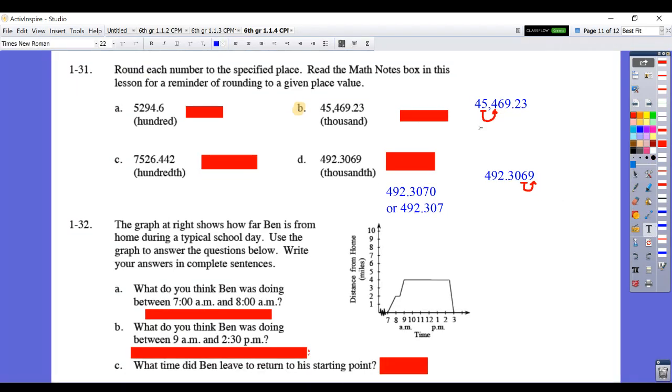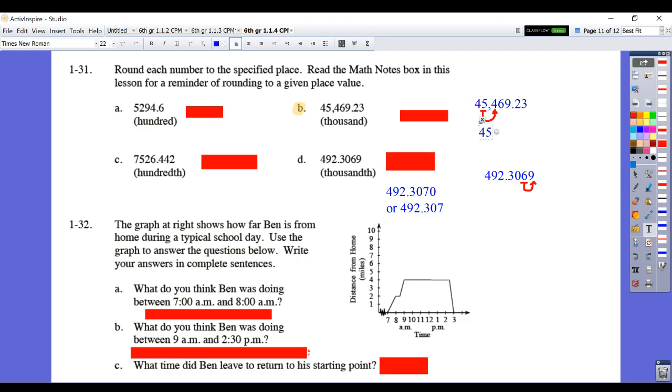So the 4 in the ten thousands place will stay. And then we have to decide what we're going to do with the number in the thousands place, which is the 5. Well, the indicator number behind it is a 4. And if it's 4 or less, it tells us to round down, which means we leave the 5 a 5. Rounding down means that we simply leave it alone.